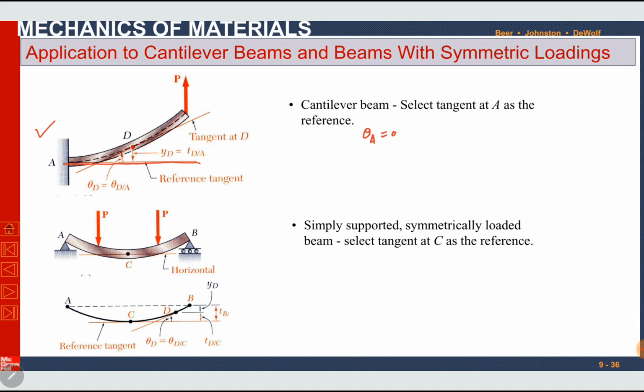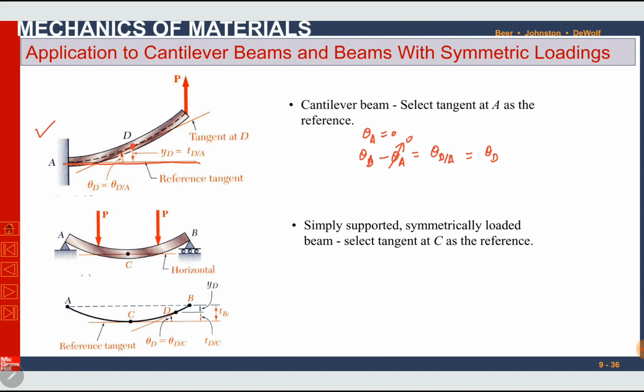Now if we want to find the slope at any other point, for example at point D, theta D minus theta A can be written as theta DA. We know that theta A is 0 because it is a cantilever beam and A is the fixed point. So theta DA is equal to theta D.